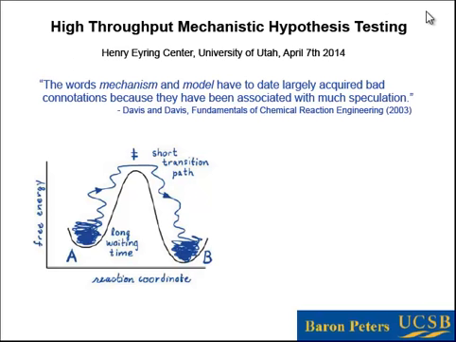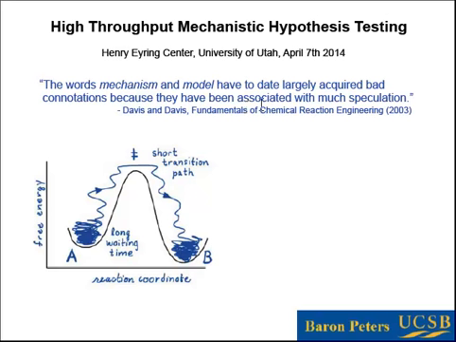using some unbiased data. I want to emphasize that there is a very good reason for us as theorists to think about doing this work carefully and not to make stuff up and publish things on the basis of unjustified choices of coordinates. Here is an example of something that the experimentalists say about us. This is the textbook by Davis and Davis, two experimentalists writing about the words mechanism and model.